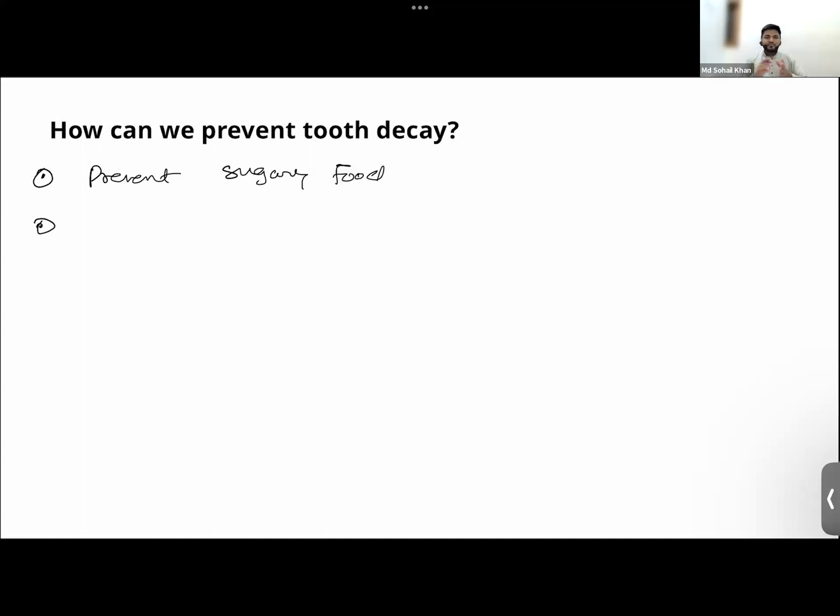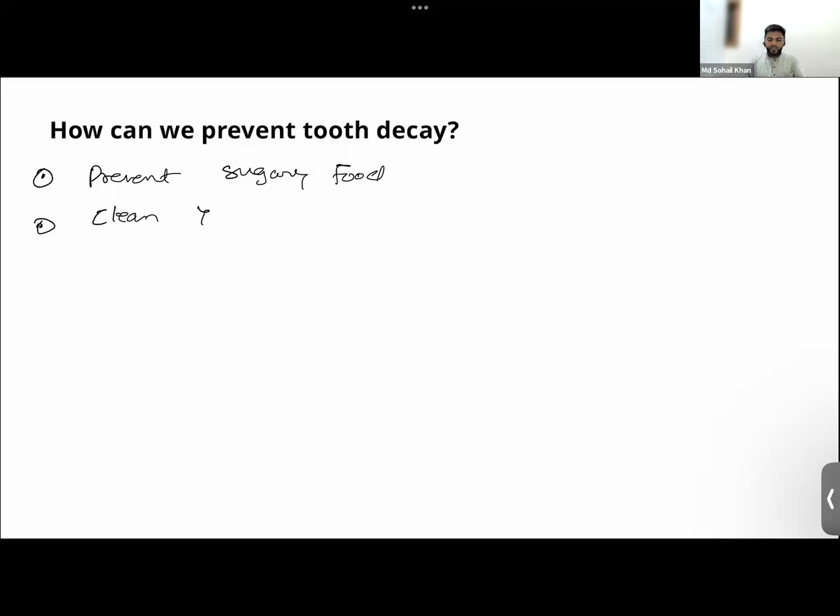Reduce eating chocolates so much. So basically you will prevent sugary food, and clean your teeth with a dental floss. Brush your teeth two times.